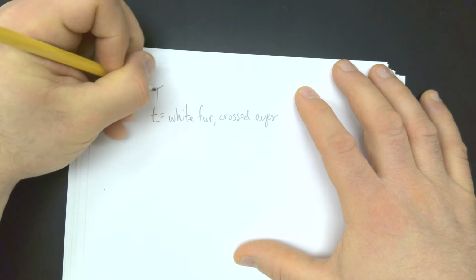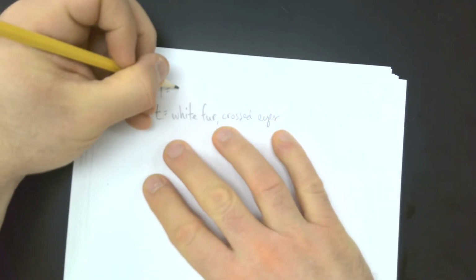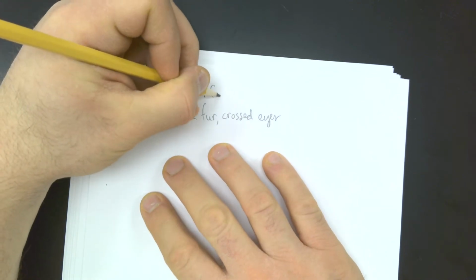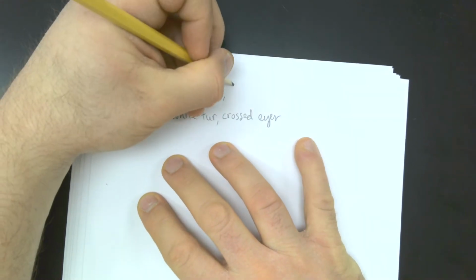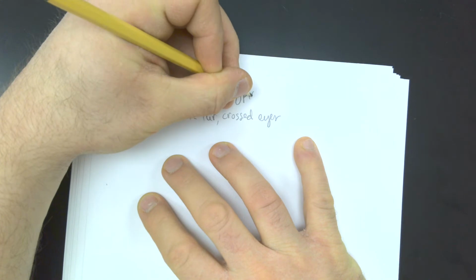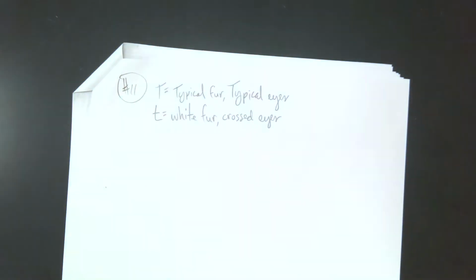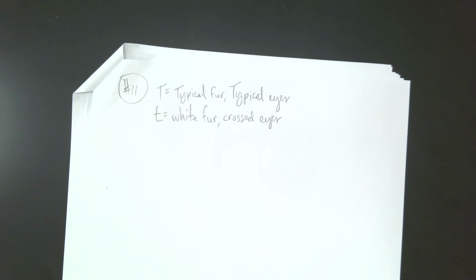If you get the dominant allele, you get, let's say, typical fur and typical eyes. Okay. If two phenotypically normal tigers that are heterozygous at this locus are mated, what percentage of their offspring will be cross-eyed? What percentage will be white-furred?